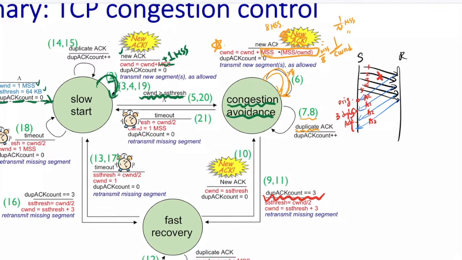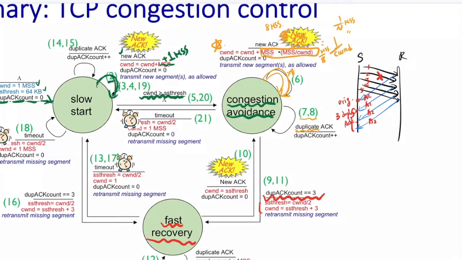So if you receive 3 duplicate ACKs, then we transition to another state called fast recovery, and at that moment you cut your threshold to half of the congestion window size, and the current congestion window will be the current slow start threshold plus 3.